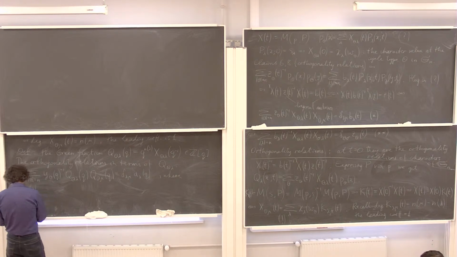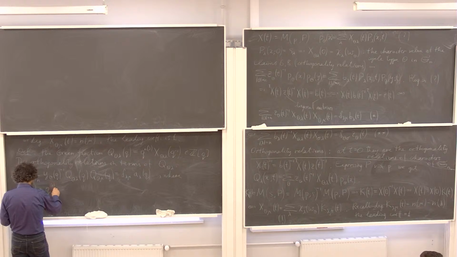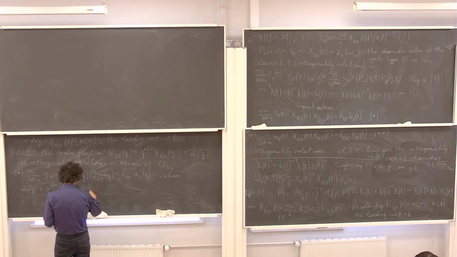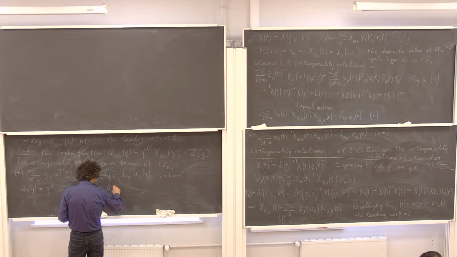So here, a lambda of q is some q analog of z. It is q to the power size of lambda plus twice n of lambda, b lambda of q inverse. But the actual meaning of this expression is that this is the cardinality of the automorphism group of M lambda.